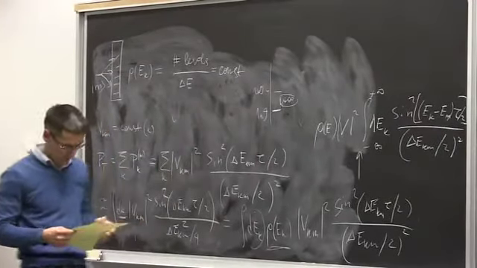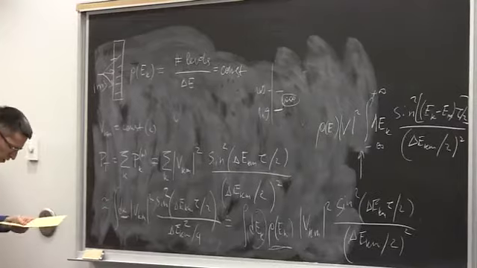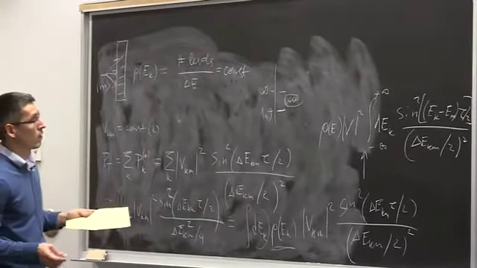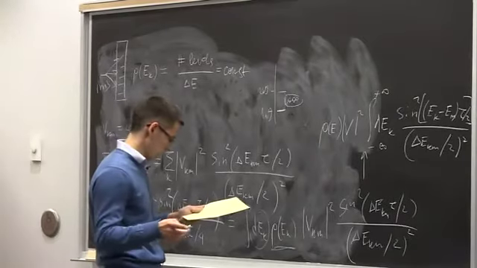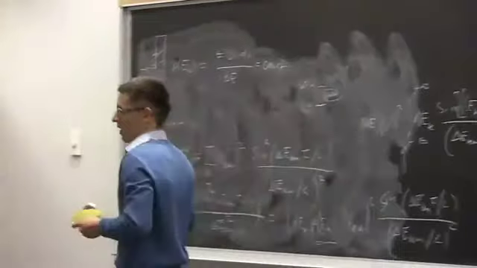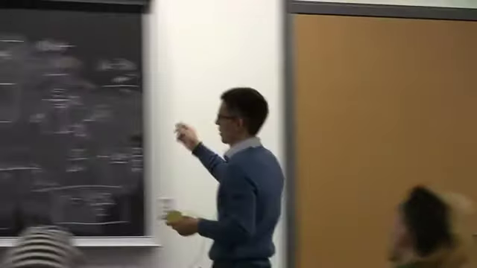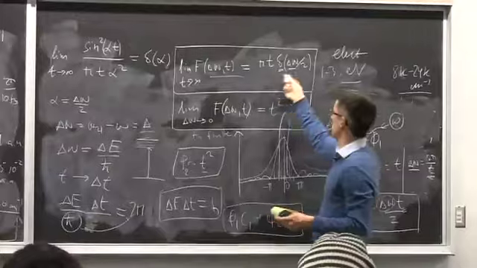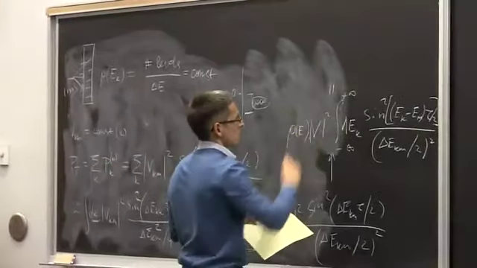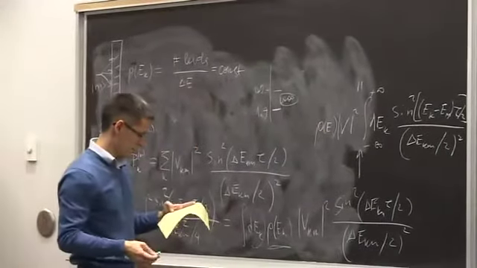Okay, and then for large tau, we use the fact that our function, which is under the integral, is a delta function. And the delta function is a function which is very simple to integrate.